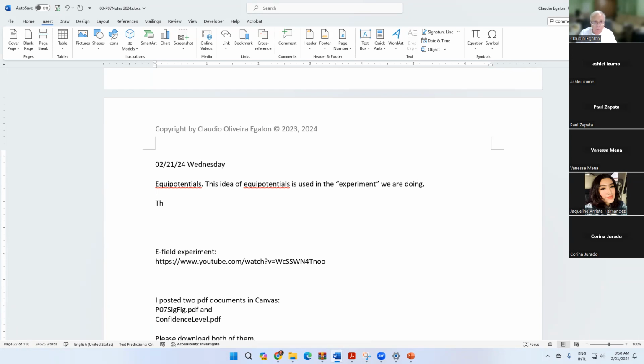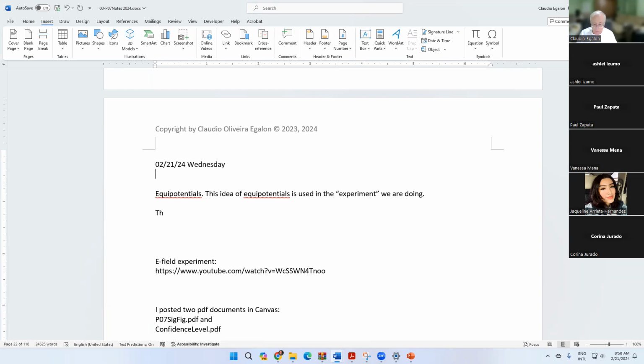Before we talk about the equipotentials, let me tell you something else. The idea of potential is used in the same way that we use conservation of energy in mechanics.